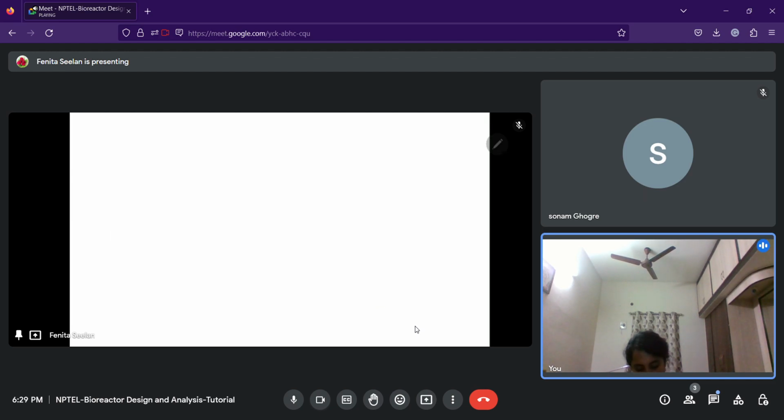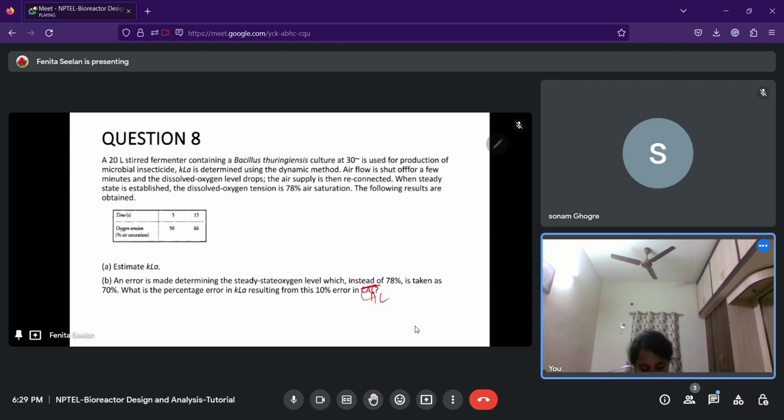Let me write down the given values. CL is given as 78% air saturation. The times are 5 and 15, and the oxygen tensions are 50 and 66.